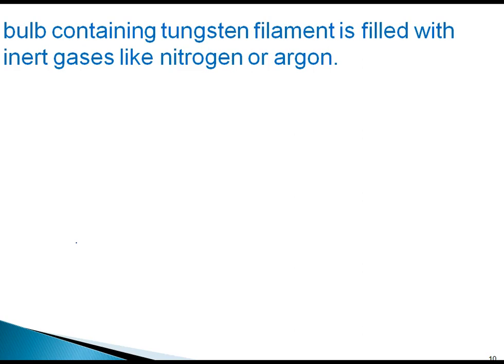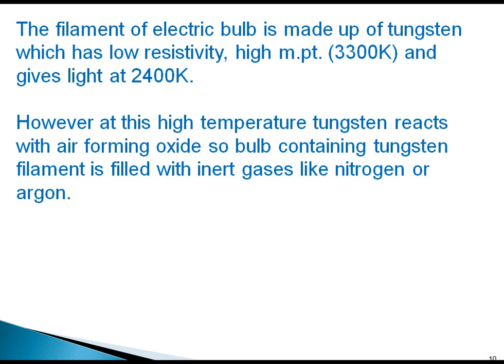Now tell me, the electric bulb which we use at home contains a tungsten filament and is filled with inert gas like nitrogen or argon. Why? I think people have done this in junior class also. Because at high temperature tungsten reacts with air forming oxide.